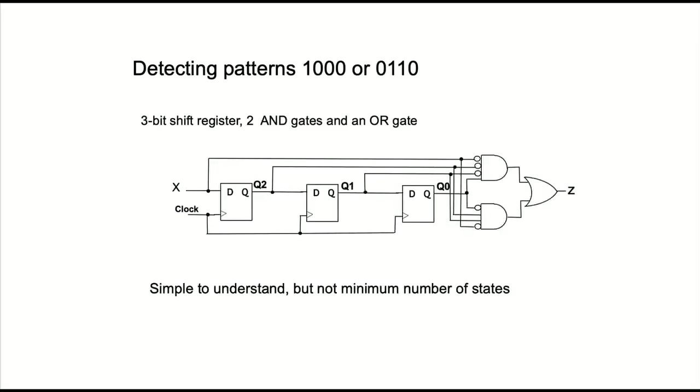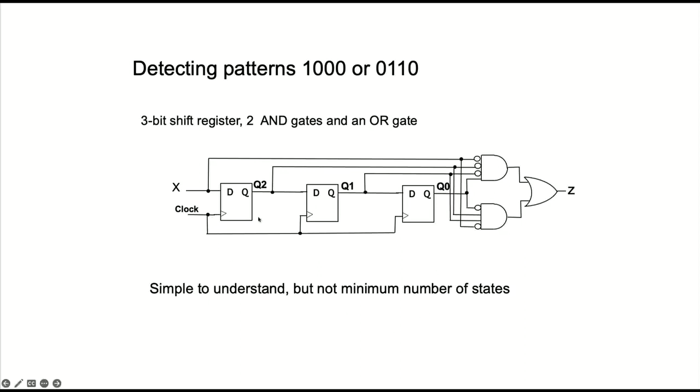So let's say we are tasked with generating a state machine or sequential system that recognizes the pattern 1000 or 0110. So either pattern. Okay.